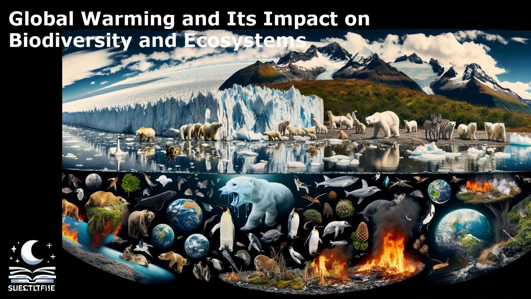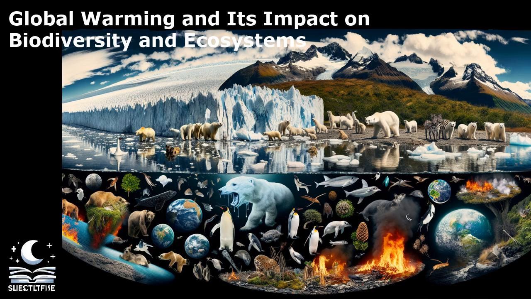The impacts of global warming on ecosystems are far-reaching and complex, with no ecosystem being immune to its effects. Wetlands, for example, are experiencing changes in water availability and quality due to altered precipitation patterns and increased evaporation. This can lead to the loss of important wetland habitats and the species that depend on them for survival.